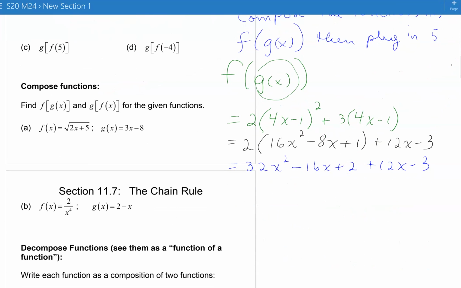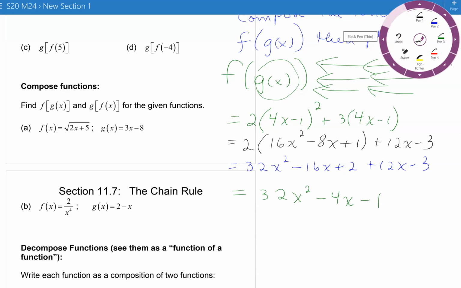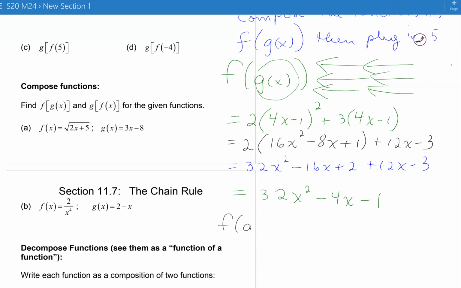And then we should combine like terms to get 32x squared minus 4x minus 1. So this is my f of g of x function. Well, now what I was asked to find was f of g of 5. So that means I need to put 5 into this function everywhere I see an x.